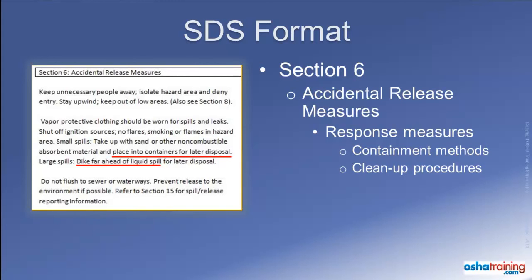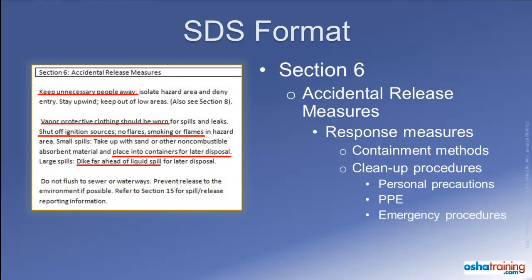This may include specific recommendations for protecting personnel involved in the response from specific hazards, such as sources of ignition or lack of ventilation, recommended personal protective equipment to prevent personnel from being contaminated during the response, and emergency procedures, including instructions for evacuation of response personnel when needed, as well as others located nearby.